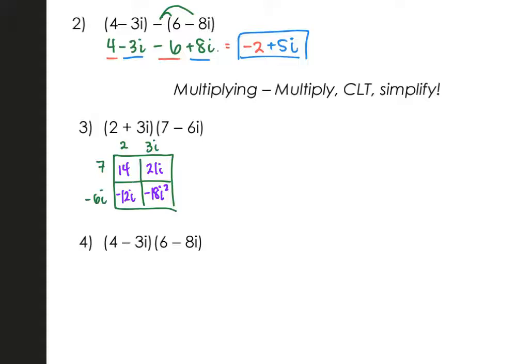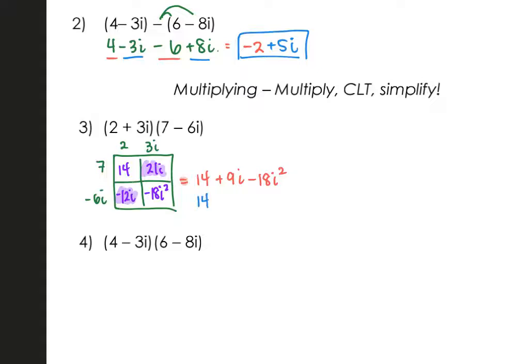Then we combine like terms. Across the diagonal are going to be our like terms. So my real part is 14. And then 21i and negative 12i gives me 9i. And then at the end we have negative 18i squared. However, in the previous lesson we learned that i squared is equal to negative 1.